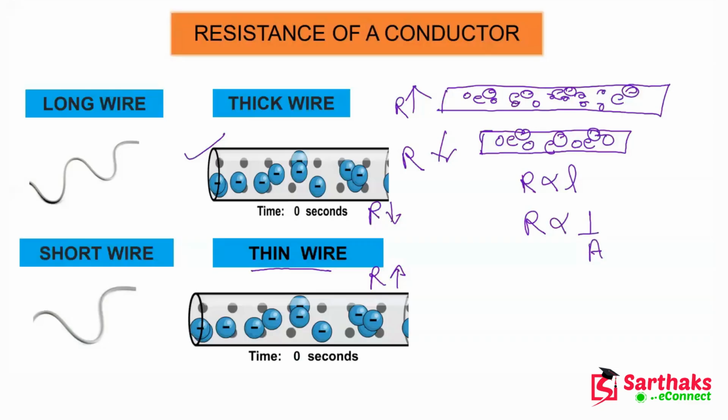If the area is higher, then the resistance will be lower, like the thick wire. But if the wire is thin, it means the area is lower, and if the area is lower, then the resistance is higher. I hope you understand these concepts and how resistance is dependent on the length and the area.